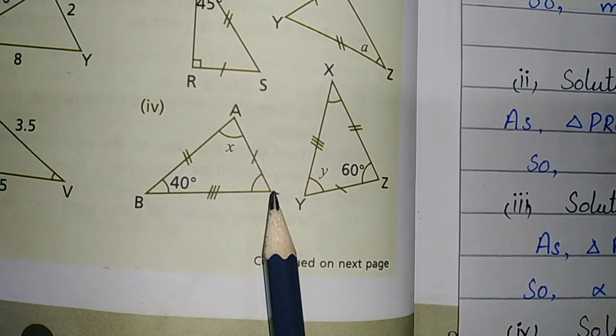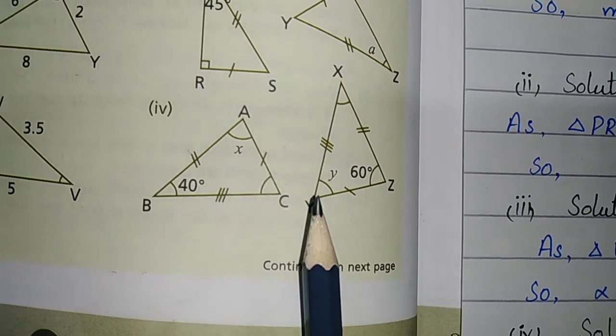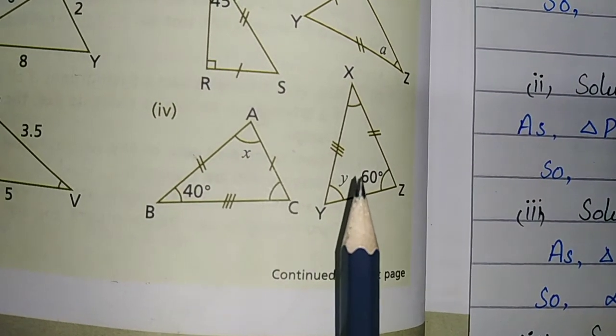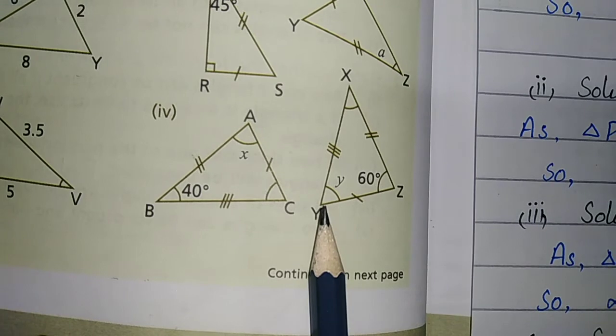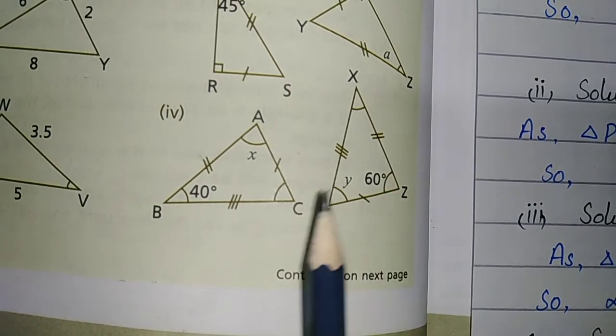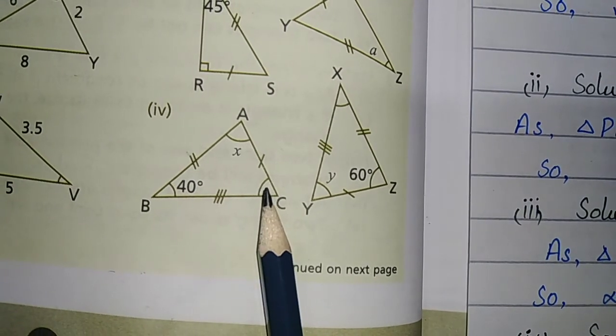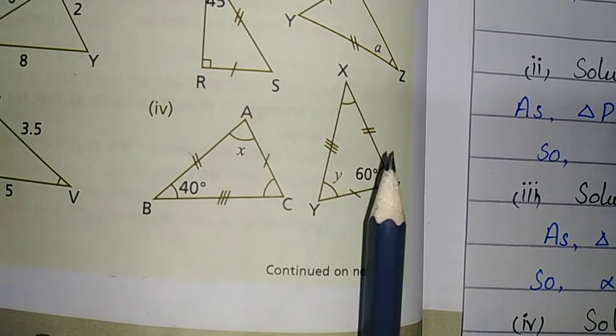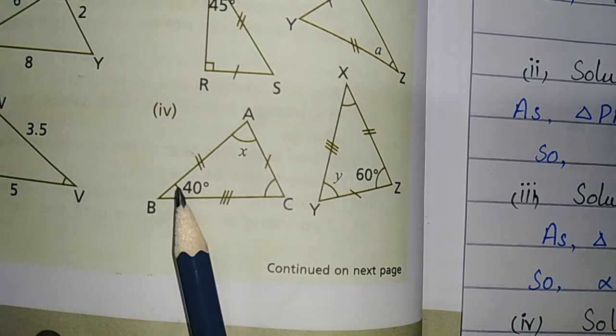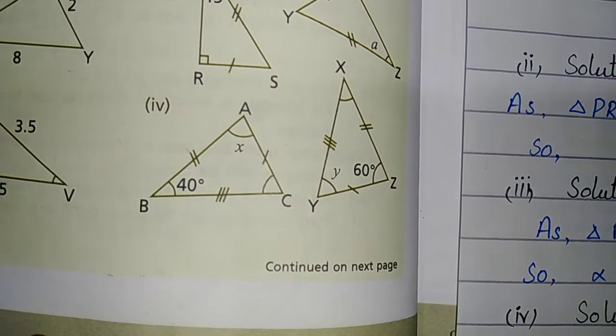But angle C is not given, so we have to find the value of Y by the angle sum property. Angle A, angle B and angle C will equal 180 degrees.